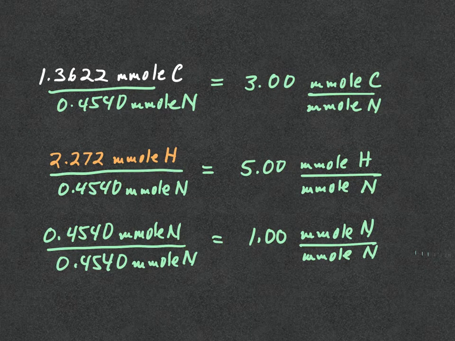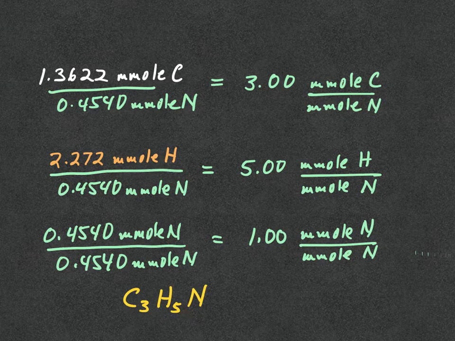And so now we can say that the overall formula for this is, there are 3 moles of carbon for every 5 moles of hydrogen for every 1 mole of nitrogen. But of course, if it's 3 moles to 5 moles to 1 mole, then it's 3 atoms to 5 atoms to 1 atom.